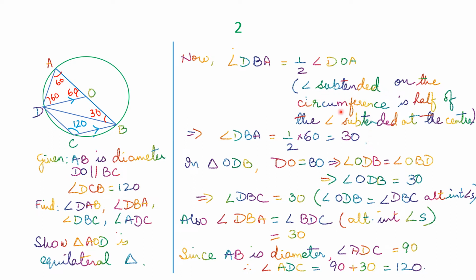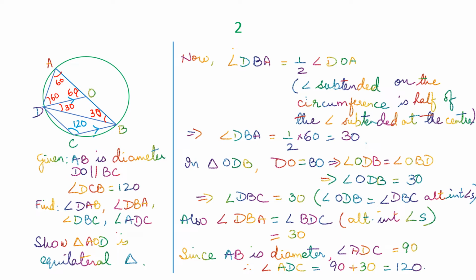Angle subtended on the circumference is half the angle subtended at the center. Now in triangle DOB, because DO is equal to BO, angle ODB is equal to angle OBD. Therefore, this angle is also going to be equal to 30.